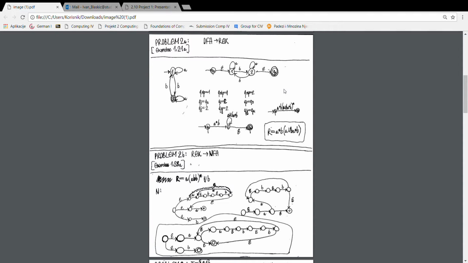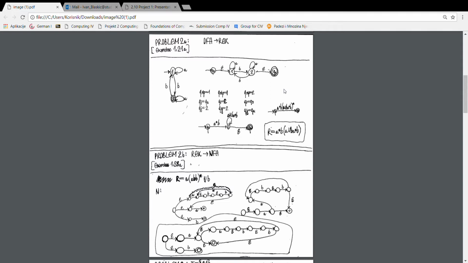From problem 2b, when we are converting a regular expression to an NFA, we are basically showing how much more complicated a regular expression looks when presented as an NFA. We use the rules we learned in section 1.3.